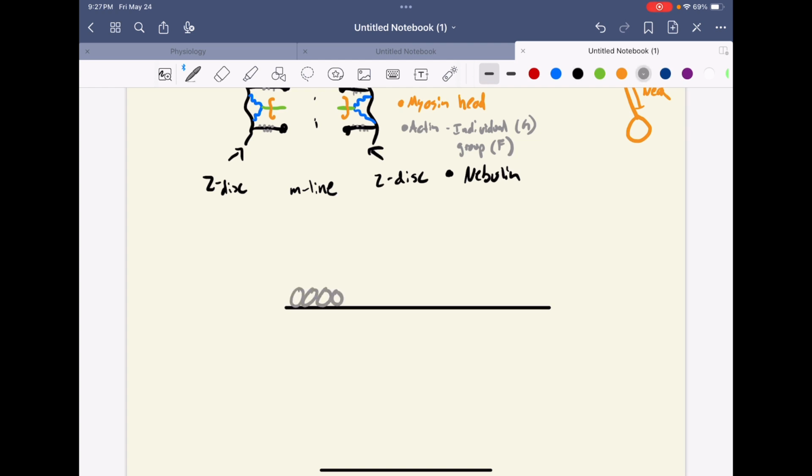So these individual, like I said earlier, are the G actin, and then as a group, it's the F actin. And they're wrapped around this nebulin in a helix shape. So this will just be one strand of it, and then we'll draw one more strand in another color to show you the difference.